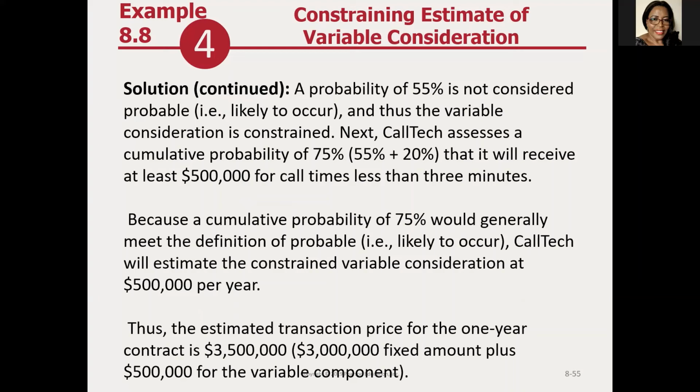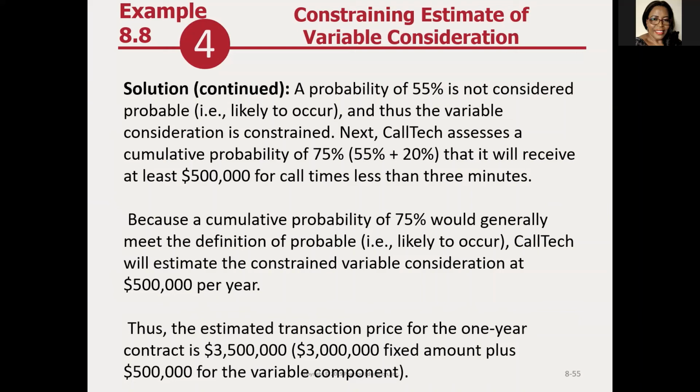Next, Calltech assesses a cumulative probability of 75%. That's where you get your 55 plus your 20%, that it will receive at least $500,000 for call times less than 3 minutes. Because a cumulative probability of 75% would generally meet the definition of probable, Calltech will estimate the constrained variable consideration at $500,000 per year.